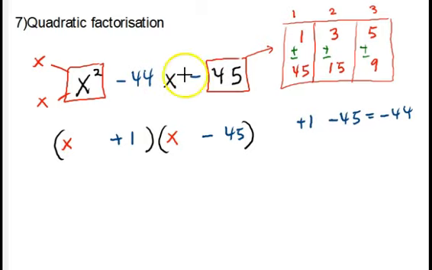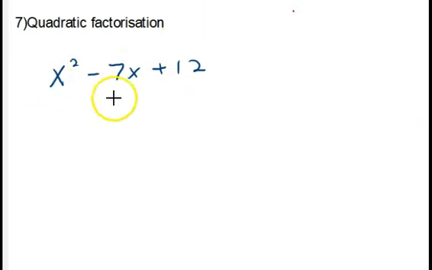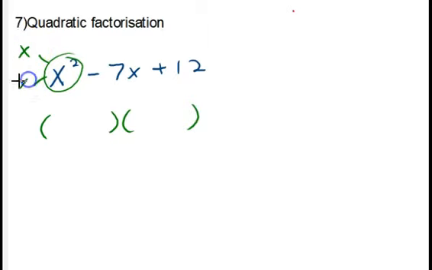Now let us try with a different number. Using this, we are going to find x squared. The x squared can be separated as x and x. Now look at 12. The factors of 12 are 1 and 12, 2 and 6, and 3 and 4.